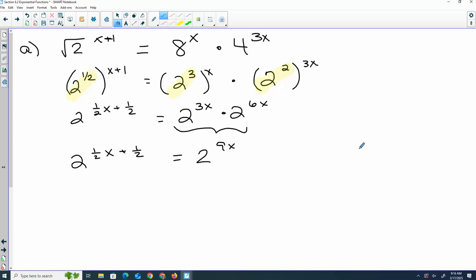So all of this works so that we have 2 to a power on each side. Once we get to that point, what do we do? Drop the base, bring the exponents down. Subtract over your 1/2 x, so 9 minus 1/2 will be 17/2.